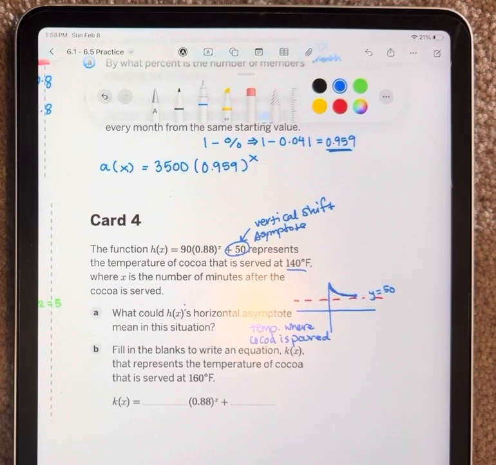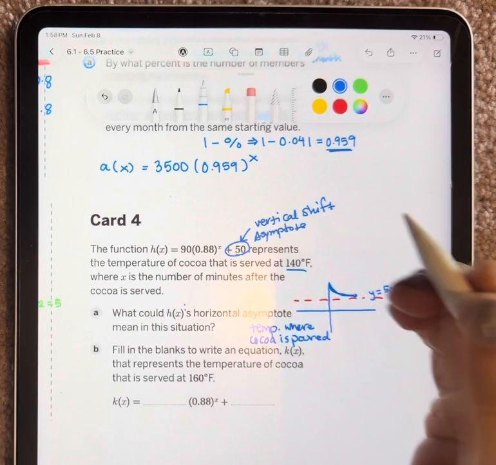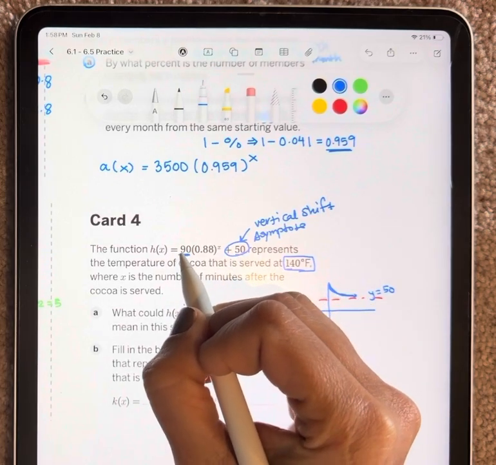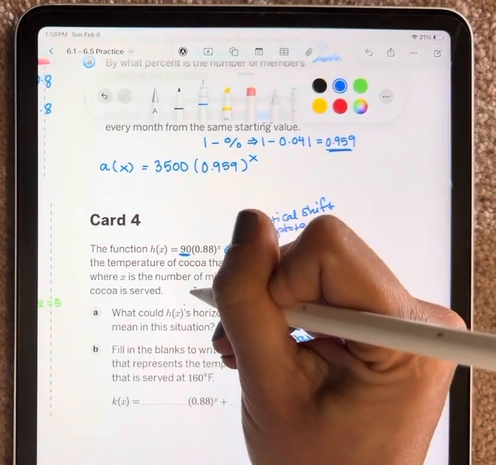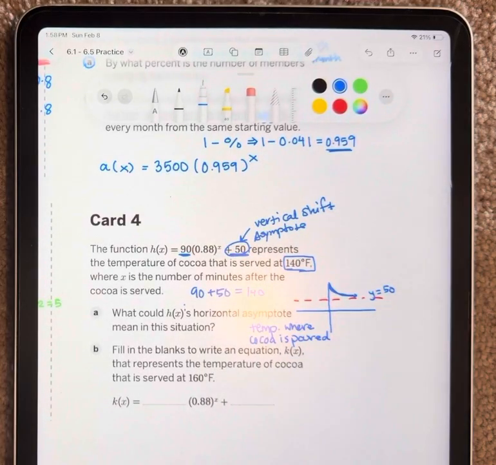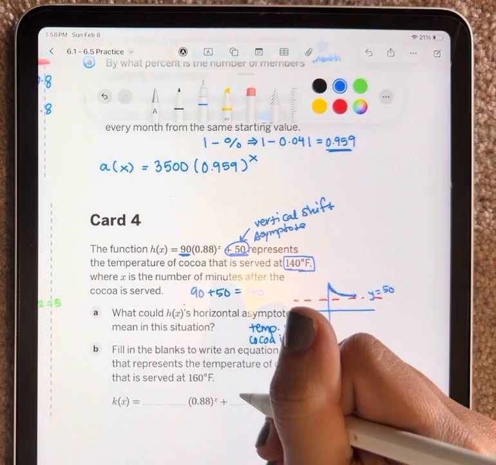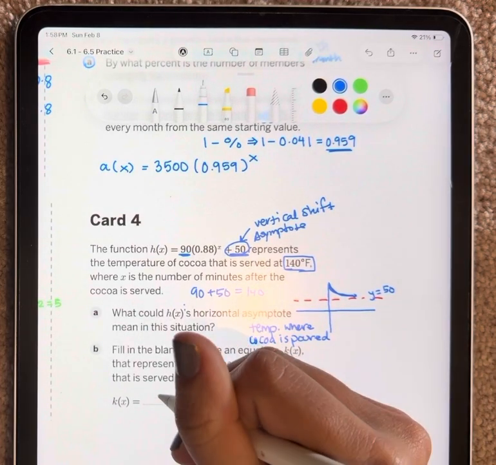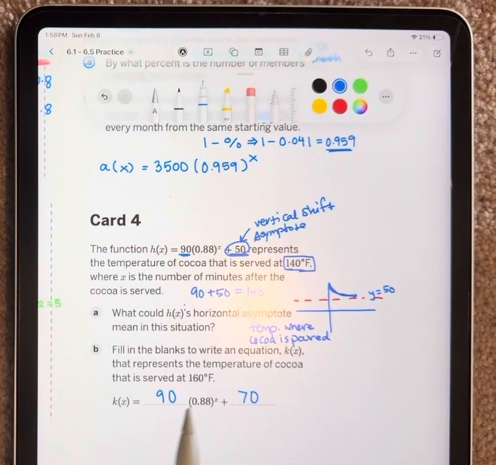Okay, fill in the blanks to write an equation k of x that represents the temperature of cocoa that is served at 160. So please remember, this 140 was us adding the 90 plus the 50. 90 plus the 50 made the 140. So now I want it to be 160. I can mess with it, right? Either we're in an actual room now, so that's 70 right there and 90 right here. 90 and 70 makes 160.